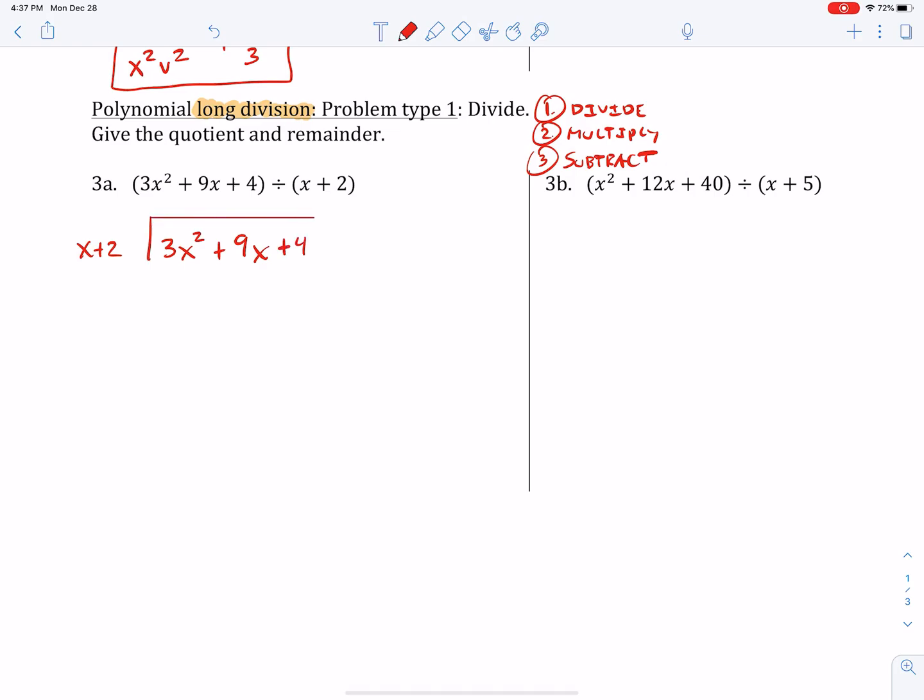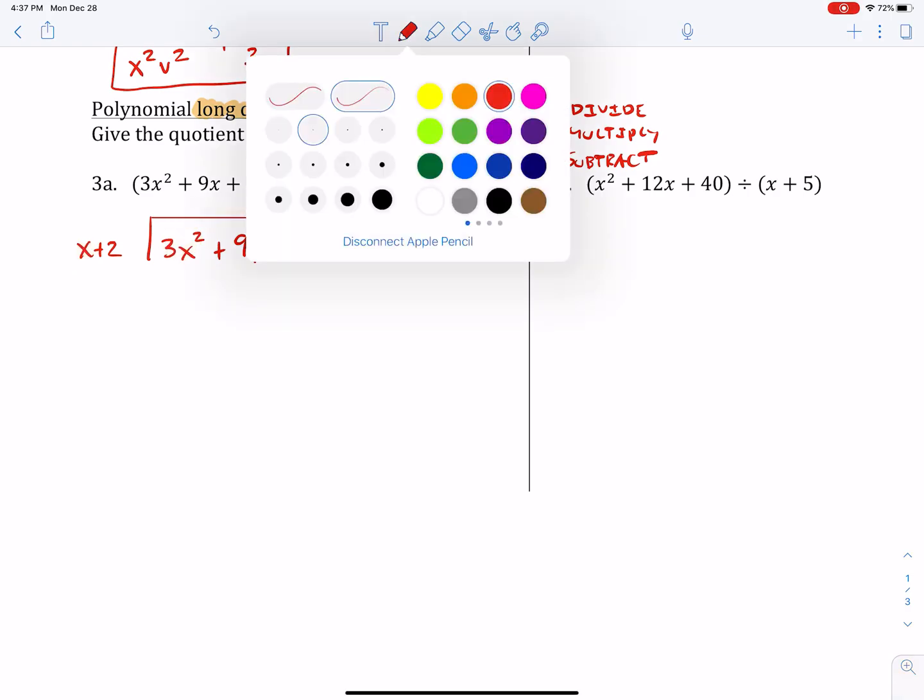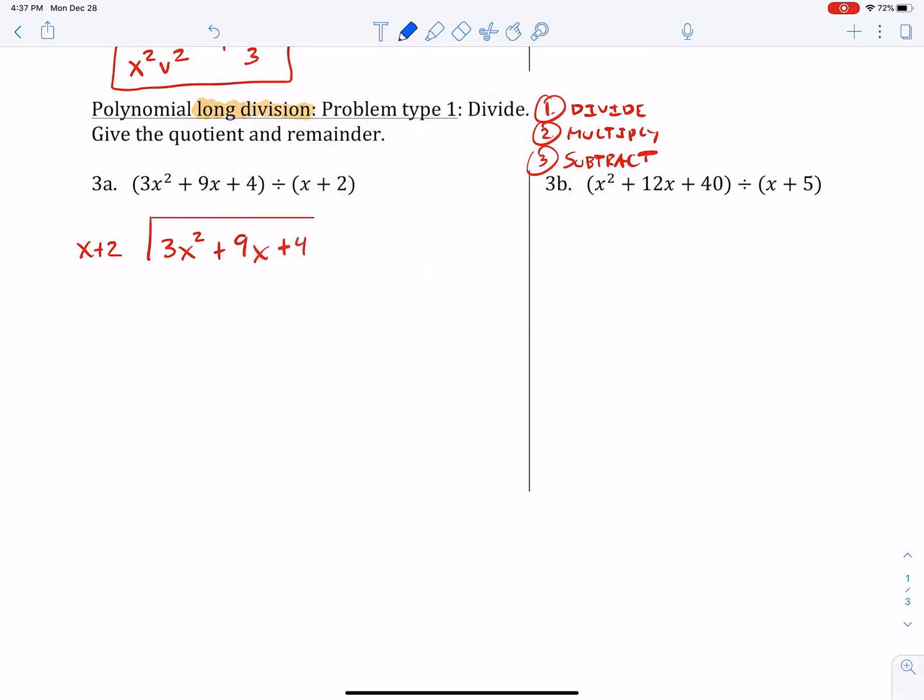All right. Now this is when the steps are utilized. So the first step is to divide. What I'm going to do is divide this 3x squared by this x. In other words, I'm basically using the quotient rule. So 3x squared divided by x would just give me 3x.